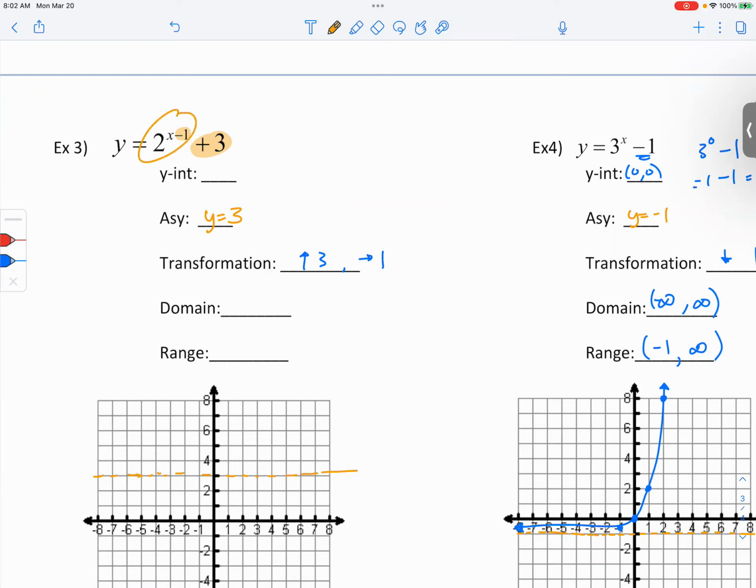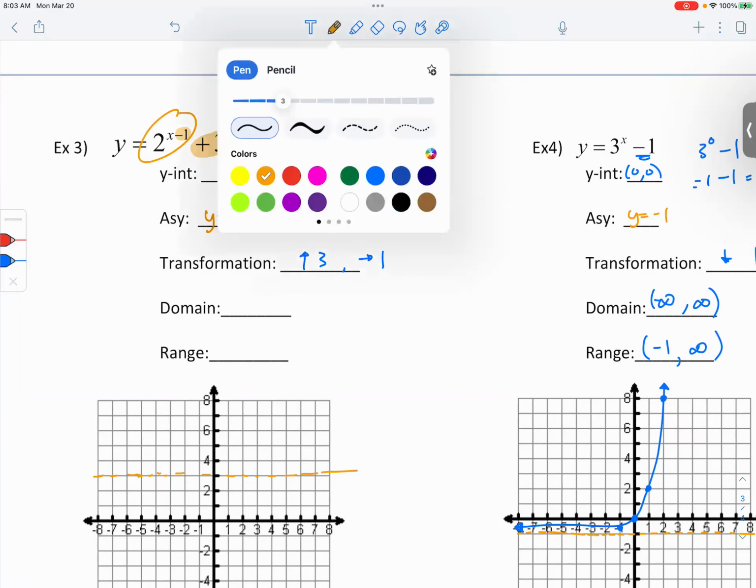You can show your knowledge that you say, well, I know 2 to any power has to be bigger than 0. So therefore, the y value has to be anything bigger than 3 because it is something plus 3. So that's another argument, a strong argument.